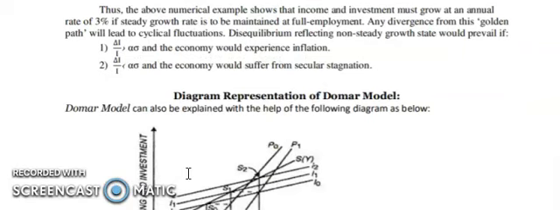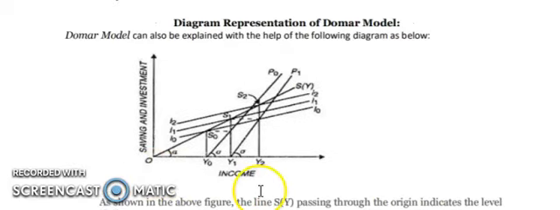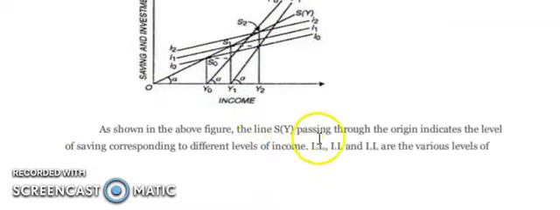A diagrammatic representation of the Domar model is shown in the figure. The x-axis represents income and the y-axis is saving and investment. The 45-degree line represents a saving line. Saving is a function of income. Then these slanting lines are I0, I1 and I2. The line SY passing through the origin indicates the level of saving corresponding to different levels of income.